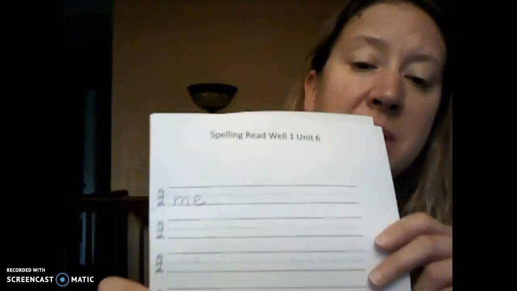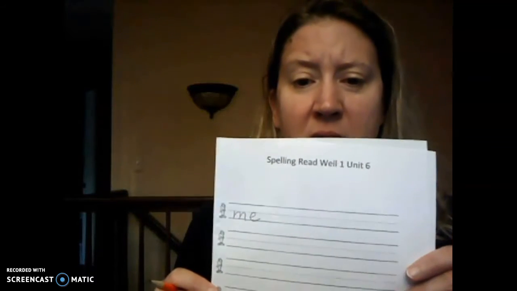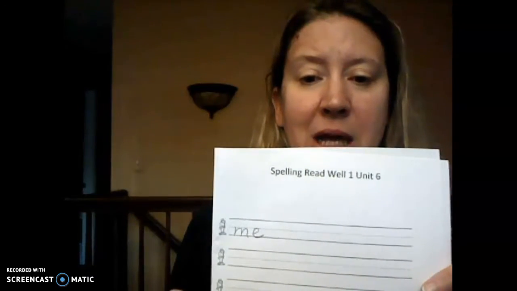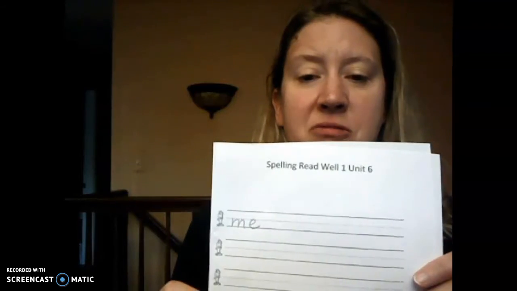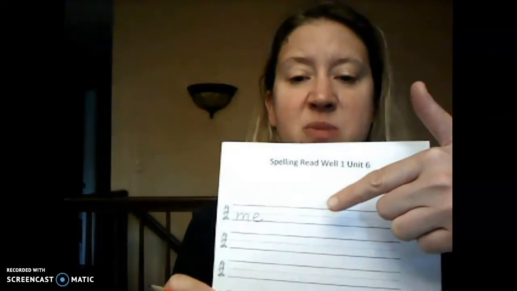You should have 2 sounds, 2 letters to represent those 2 sounds. Me. And you should have spelled that with M-E. Me. After the word me, put a finger space and write your next word.